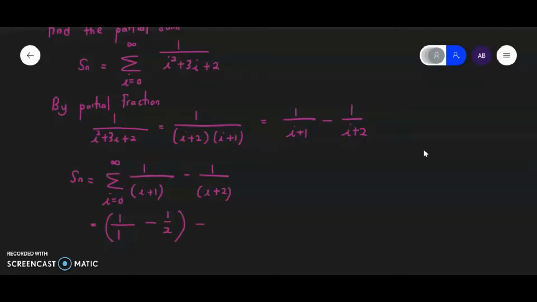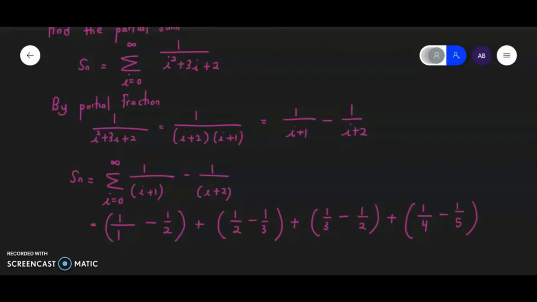Now when i is 1, 1 over 2 minus 1 over 3. When i is 2, 1 over 3 minus 1 over 4. Sorry, it's not plus, it's minus. That's what happens when you're writing too fast. When i is 3, 1 over 4 minus 1 over 5. You can see the pattern here, right?